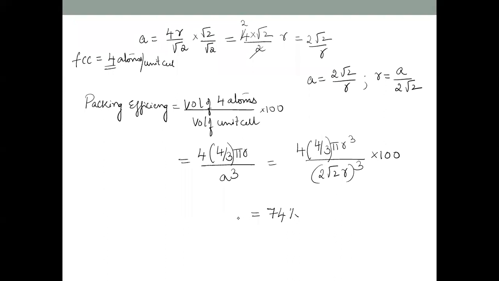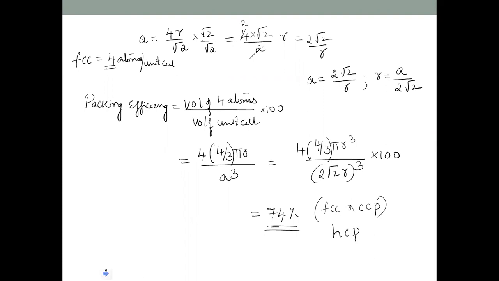Yes, when you calculate, you can get that the packing efficiency of CCP structure is 74%. Right, this is for FCC or CCP, and HCP also will give the same packing efficiency, that is 74%.